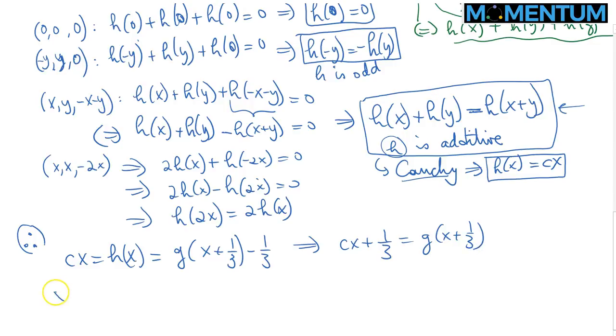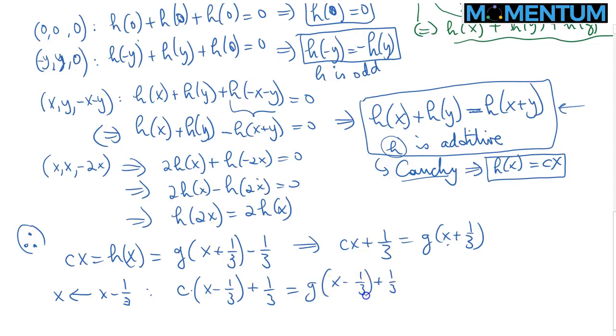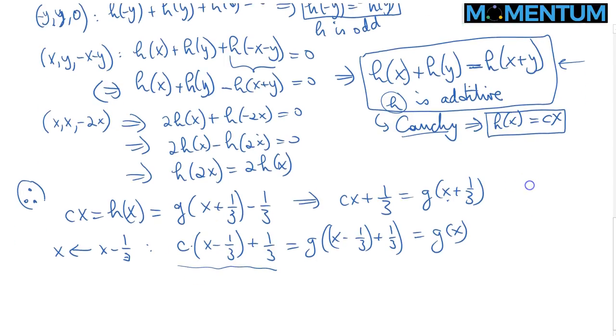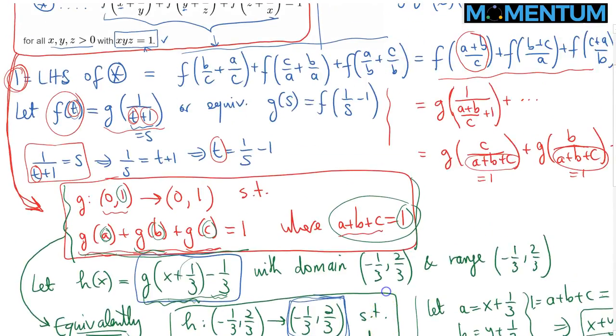Now we can substitute x minus 1/3 into x, so therefore we would get c times x minus 1/3 plus 1/3 equal to, and we do the same thing here, g of x minus 1/3 plus 1/3. That was the whole point of doing this trick, which is just g of x, right? So we are able to express g of x as this expression here.